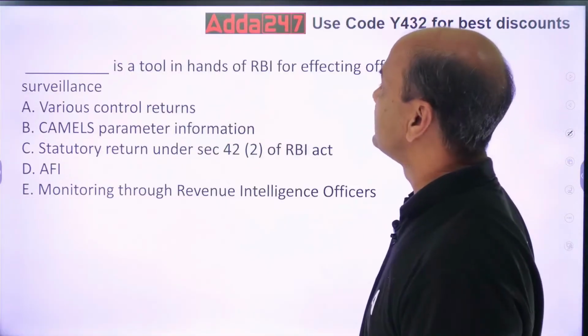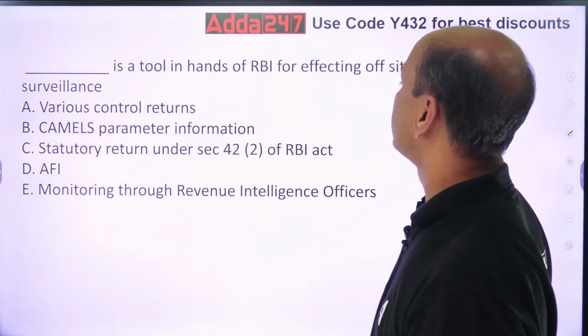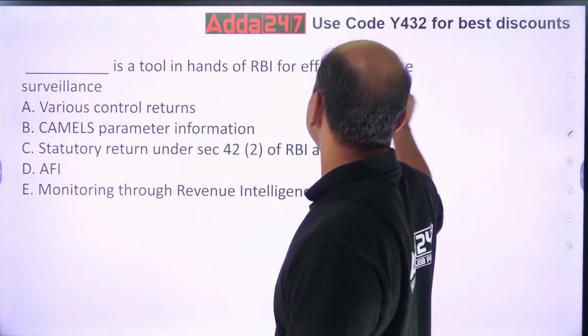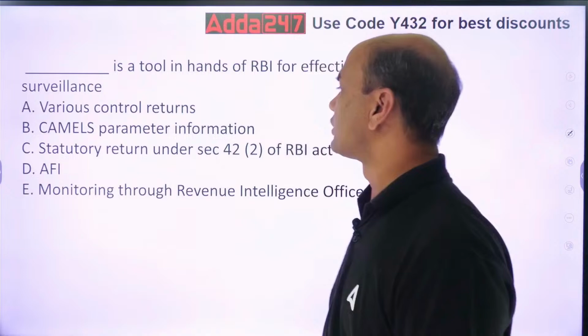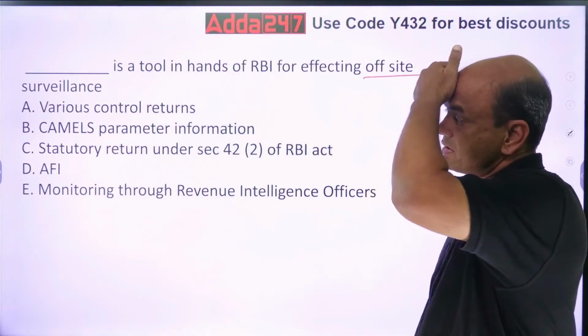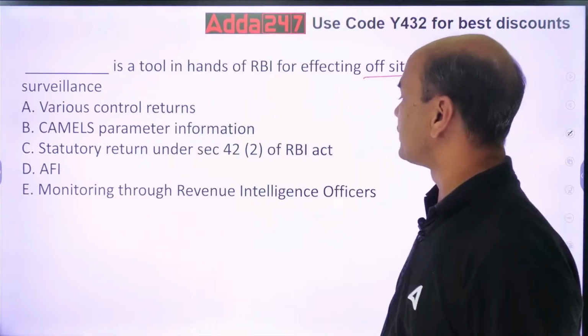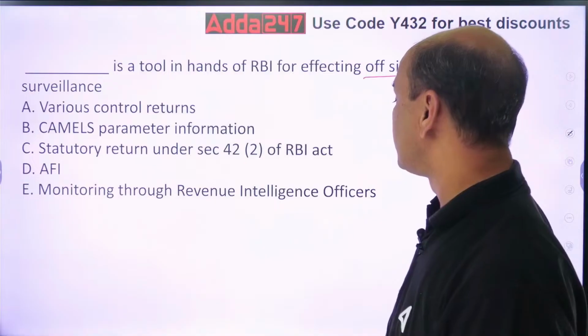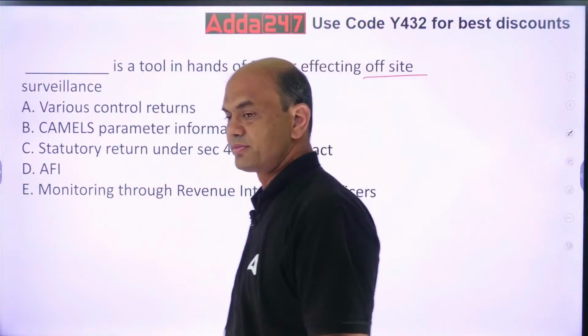Which is a tool in the hands of RBI for effecting off-site surveillance? Off-site: various control returns, CAMELS parameter information, statutory return under Section 42 of the RBI Act, monitoring through revenue intelligence officers.